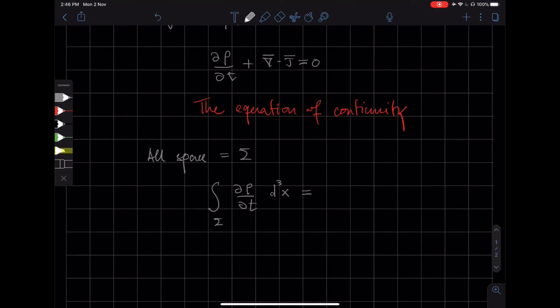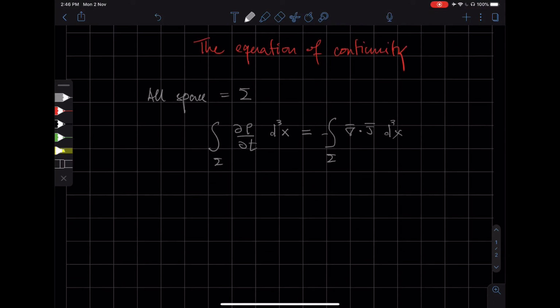And we move the current part to the right-hand side. Now note that if I take the charge density and integrate that over all space, I get the total charge. So this is what we are going to be calling Q.